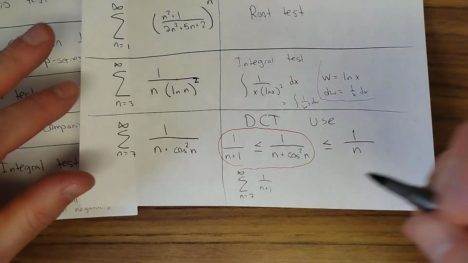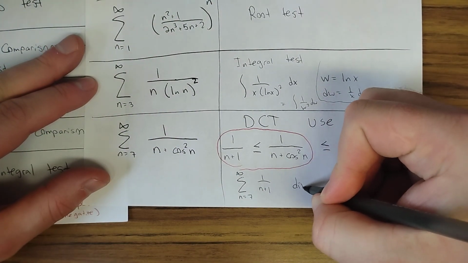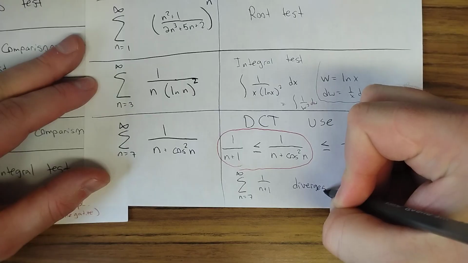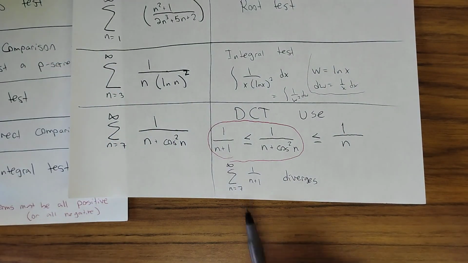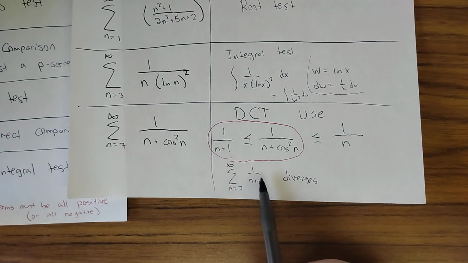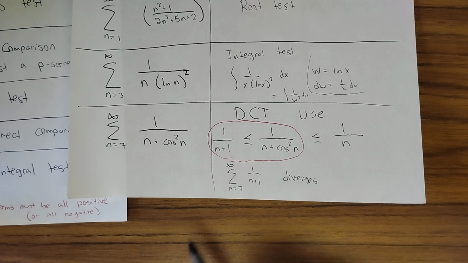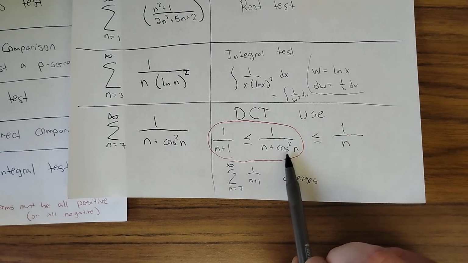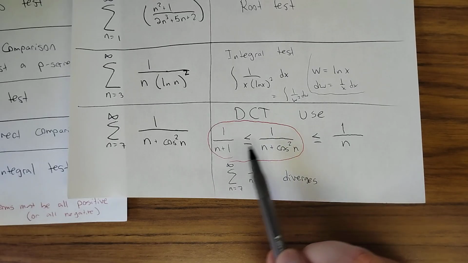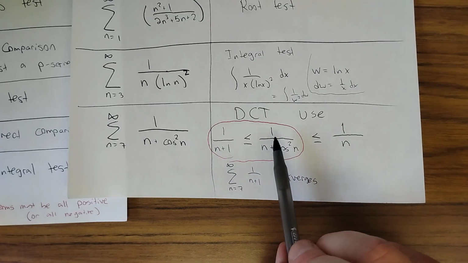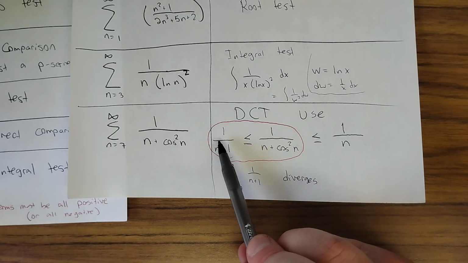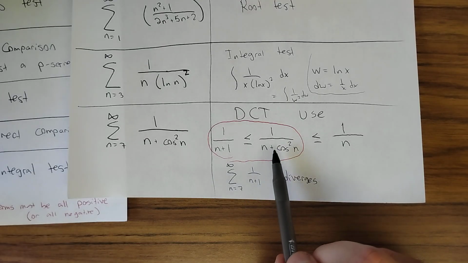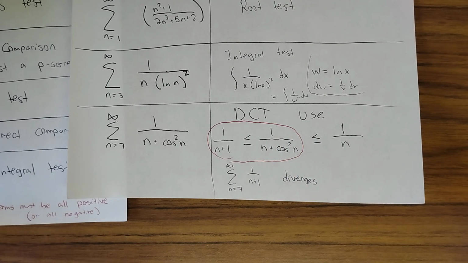Anyway, this series diverges. I'm just telling you that it does. I'm not showing the work. It diverges by the limit comparison test against 1 over n. And therefore, the terms that we are actually being asked about, which are larger than the terms of this series, that means that this series diverges. So the answer to this is going to be that it diverges.